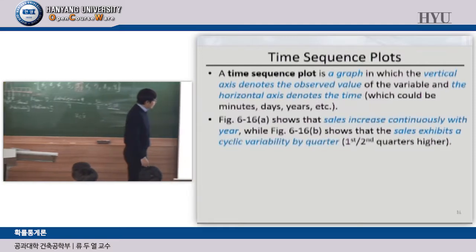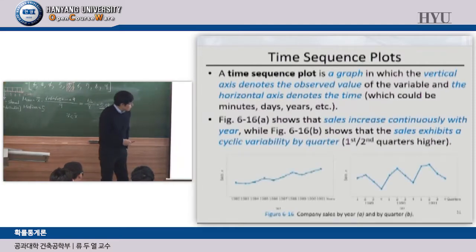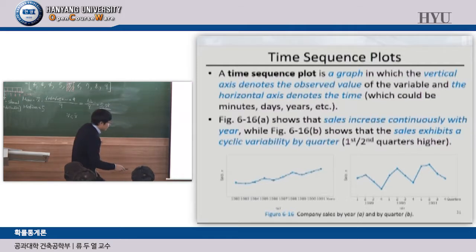Figure 6-16a here shows that the sales, this is the y-axis, increase continuously with the year. As you can see, this is the year, the time axis, and the y-axis is the sales, and sales continuously increase with the year.